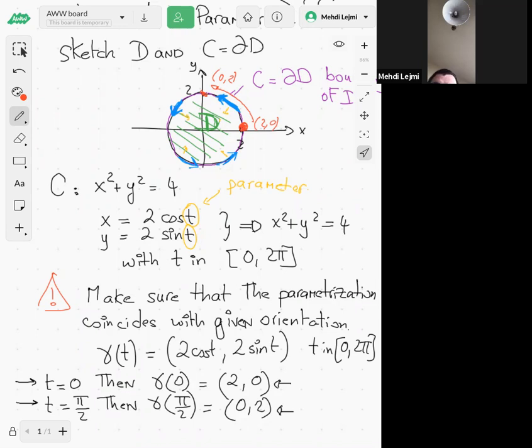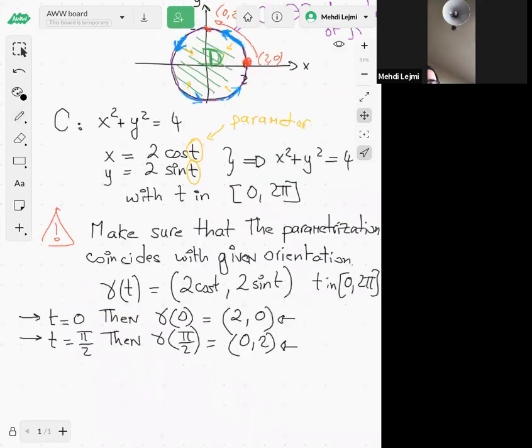So this parameterization coincides with the given orientation. Okay, so this is why.